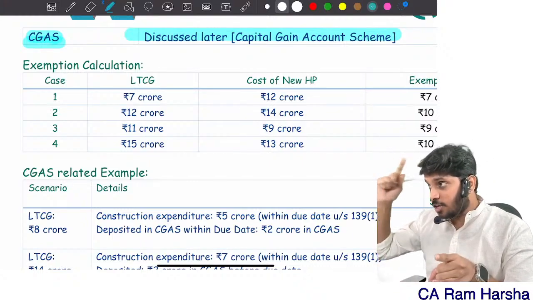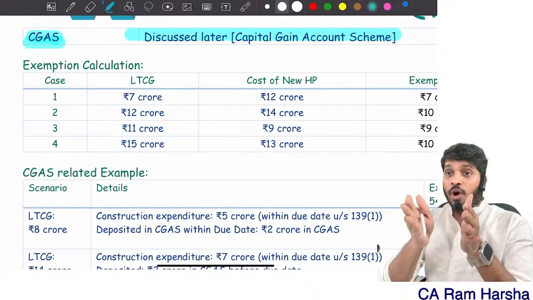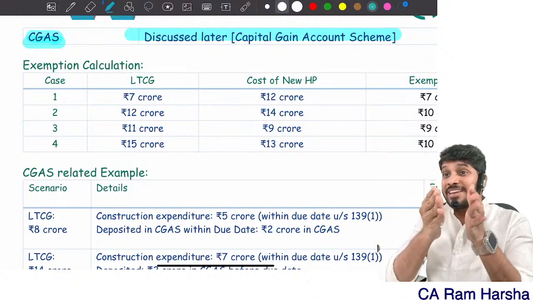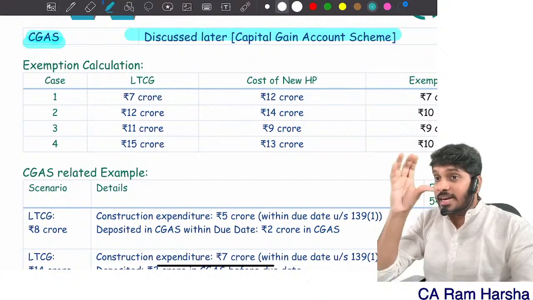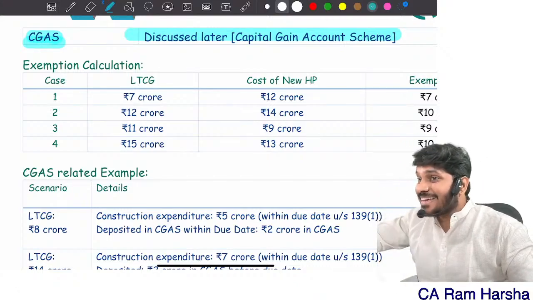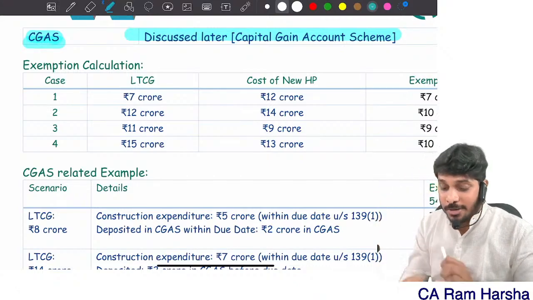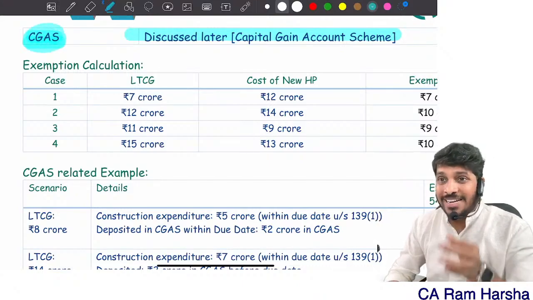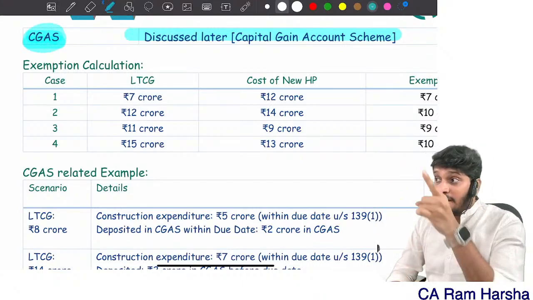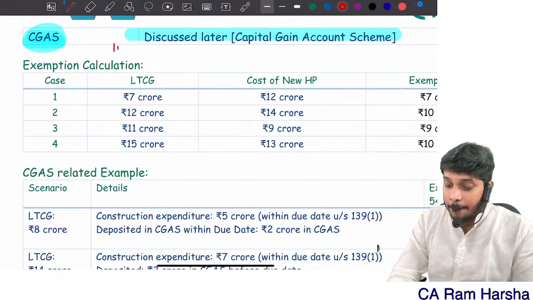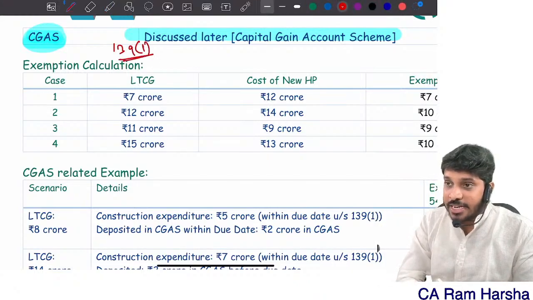If you want to use the 3 years option, then do one thing. Whatever capital gain is there, whatever exemption you want to claim, deposit that amount in a bank account. That account is called a bank account opened under the capital gain account scheme. By what time should you deposit here? By the due date mentioned under 139 subsection 1.